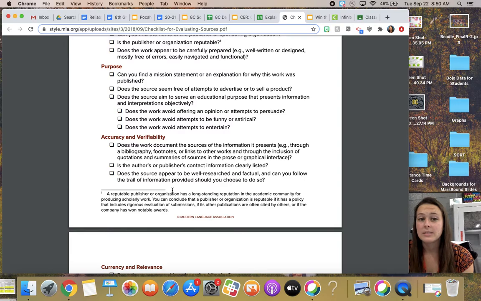Next is the purpose. Why was it written? Does it tell you? Does it look like it's supposed to sell something? Is it supposed to educate or inform you? Does it give you opinions or does it give you facts? Is it trying to be funny?